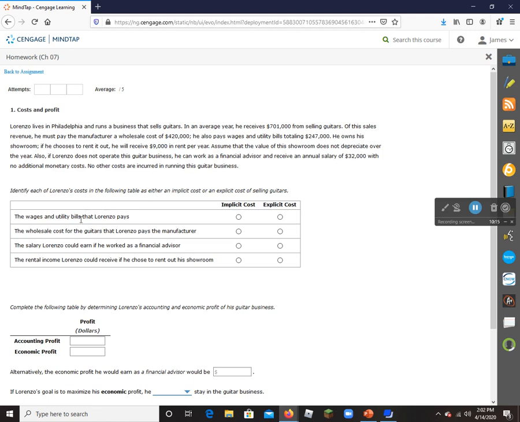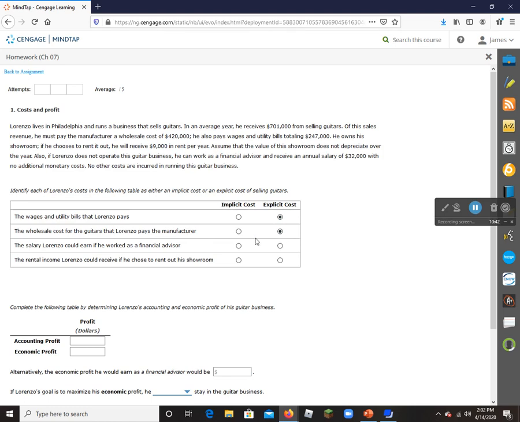So the wages and utility bills that Lorenzo pays, if you get confused, remember, we can count explicit cost. Accountants count. There's a bill or a paycheck, something that they can count here, so that's an explicit cost. The wholesale cost for the guitars that Lorenzo pays the manufacturer. Again, he writes a check, there's a bill, that's an explicit cost.